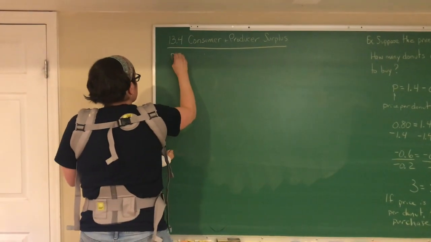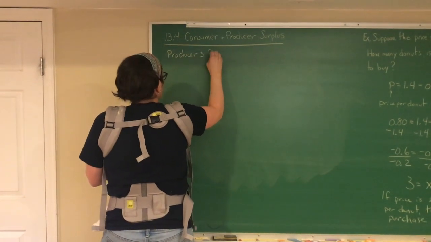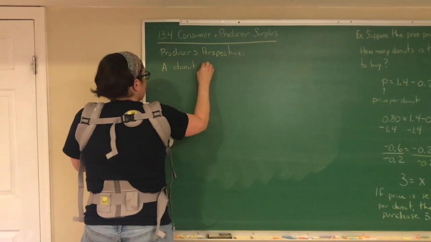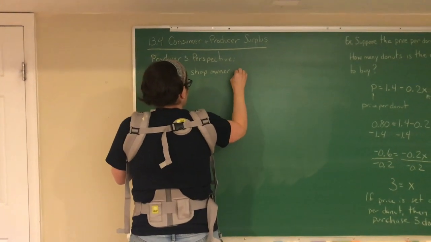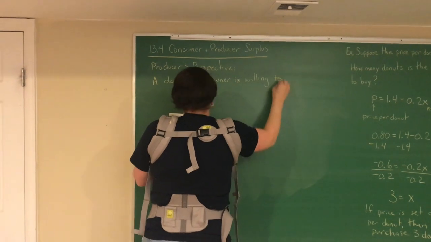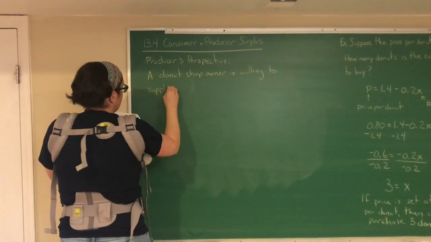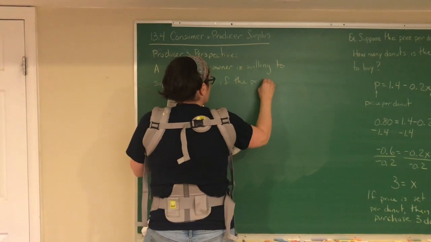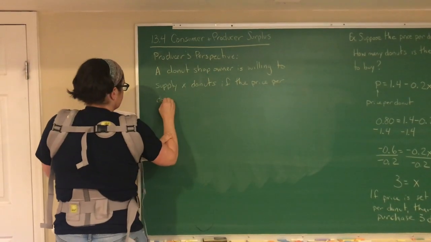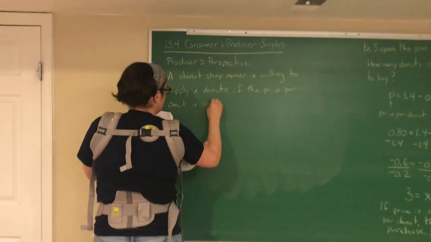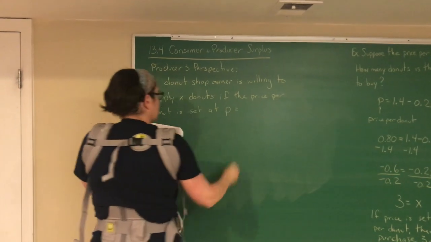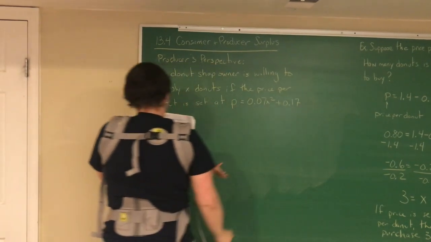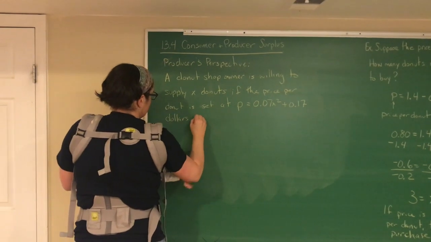So for our producer's perspective, a donut shop owner is willing to supply X donuts if the price per donut is set at P equals 0.07x squared plus 0.17 dollars per donut.